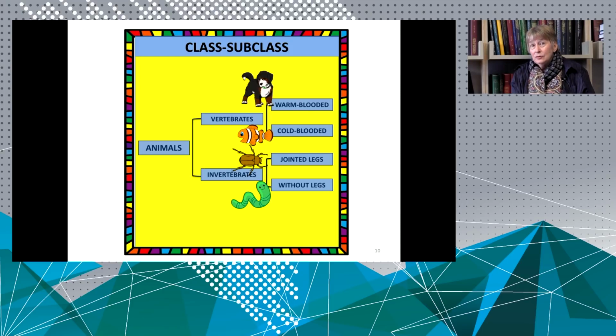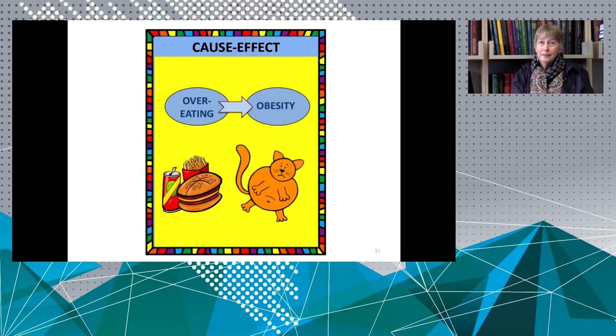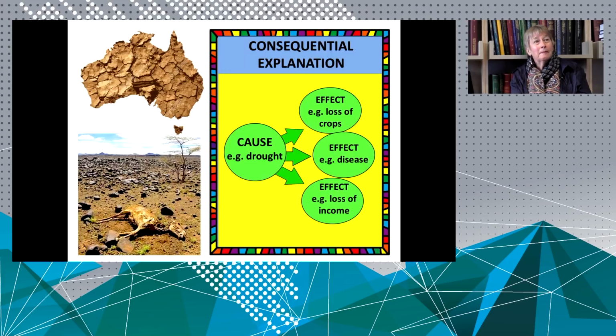They might need to look at various categories, how to classify something. So in this case, we're going to need a genre that allows the students to categorise, look at class and subclass relationships in this case. It might be a cause and effect genre, so looking at the cause and the effect of a particular input.